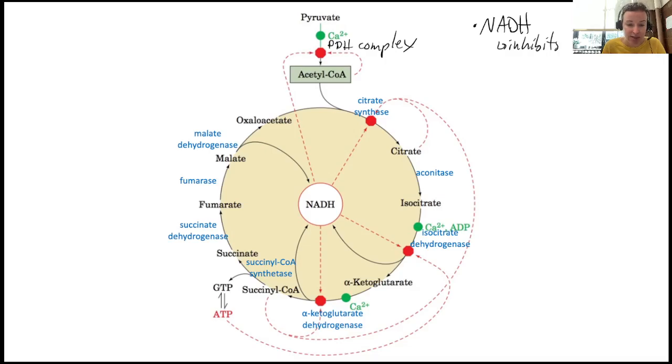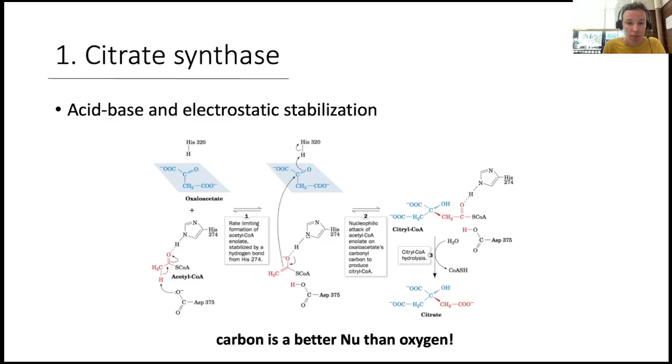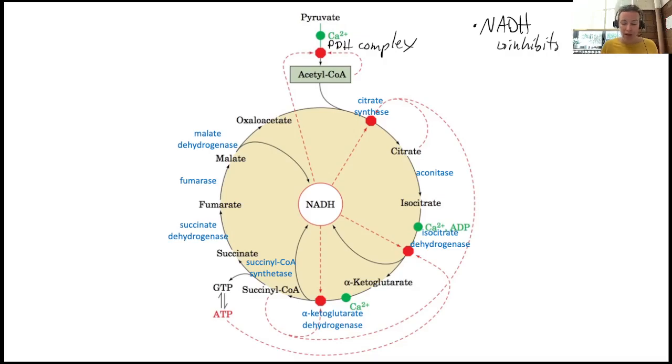First up, citrate synthase. Here is our citrate synthase, right? Do we have NADH as a product of the reaction? I am not seeing NADH here, right? So in addition to performing product inhibition, we would say that it also performs feedback inhibition of some rate-determining steps.